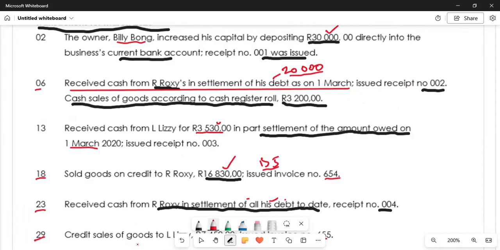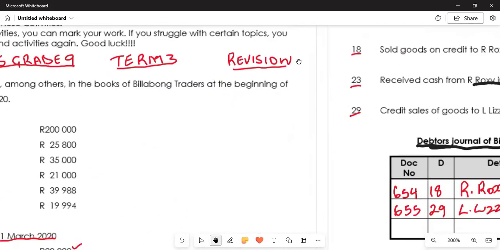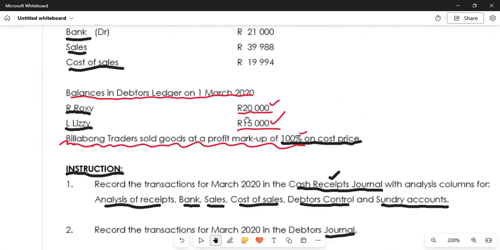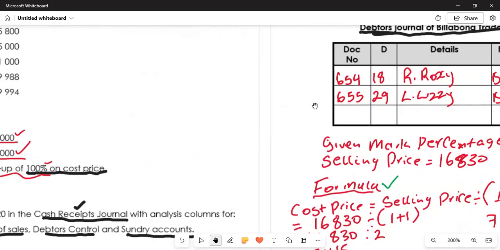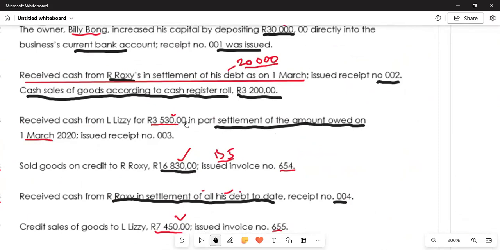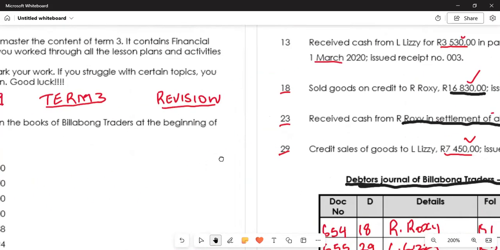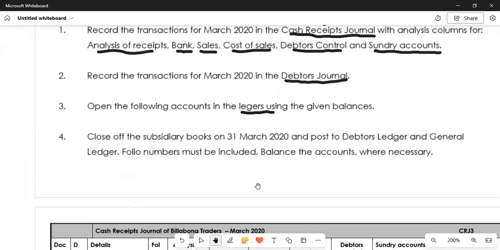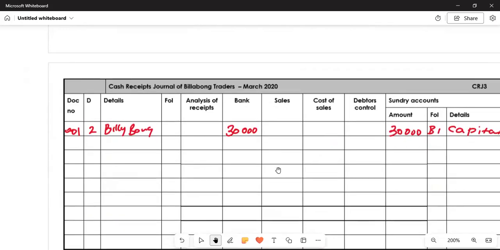You remember that he owed the business 20,000 and he managed to pay it. With this transaction, it tells us that he managed to settle that amount. That is why it goes straight into the cash receipt journal.